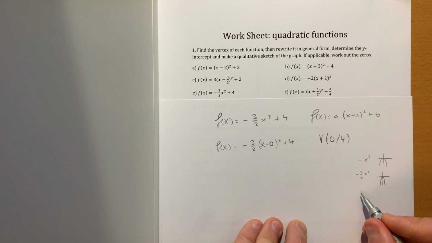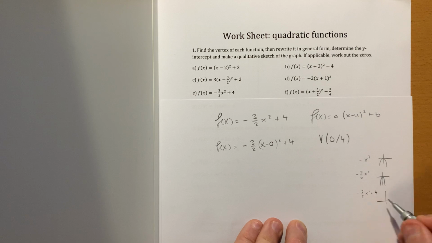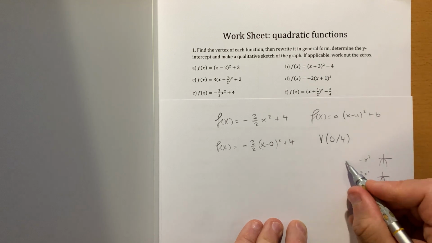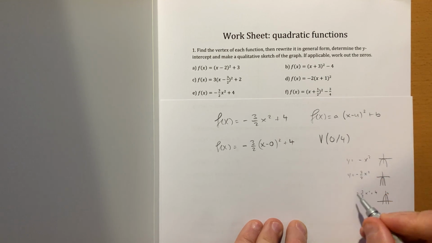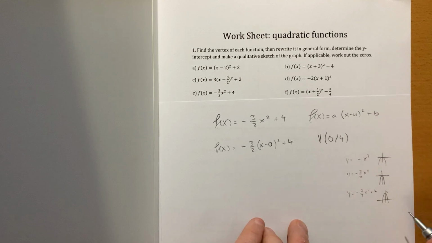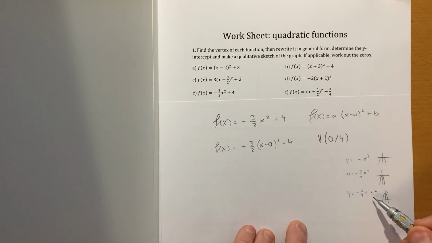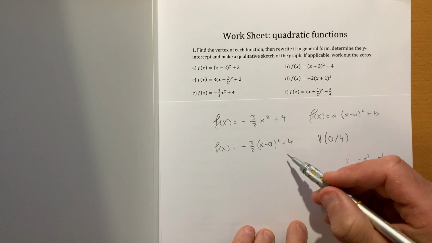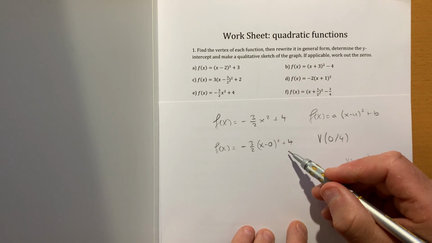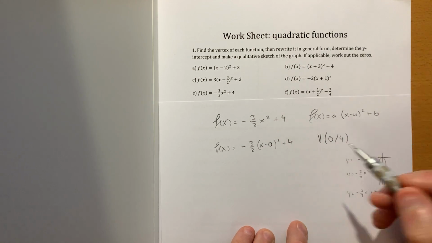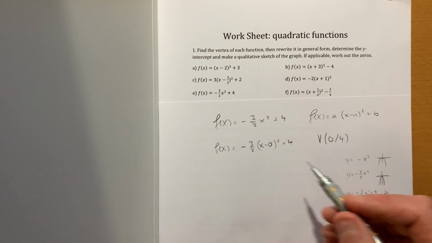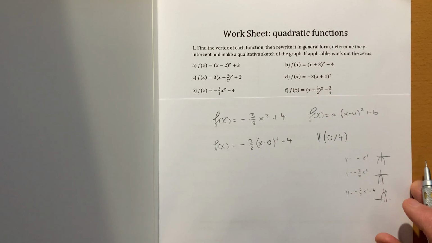Then minus 3 halves x squared plus 4 is in fact a function that looks exactly like this one, but goes through 4. So it's a function that's been translated upwards by 4 units, but not to the left and not to the right. That's why the vertex is at 4.